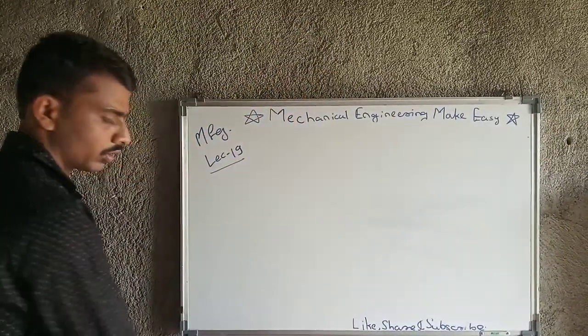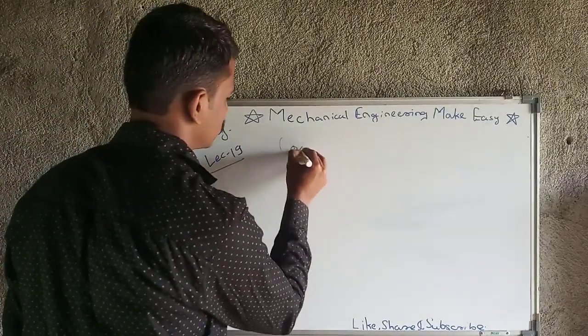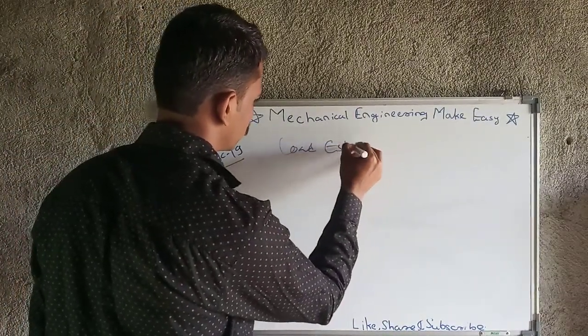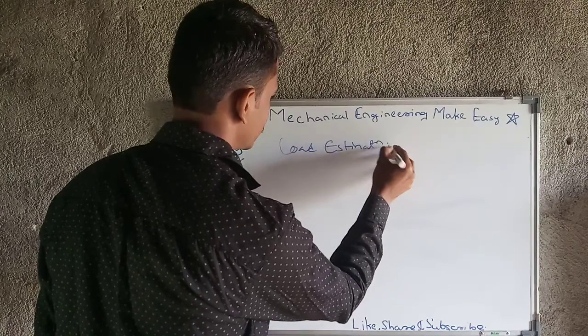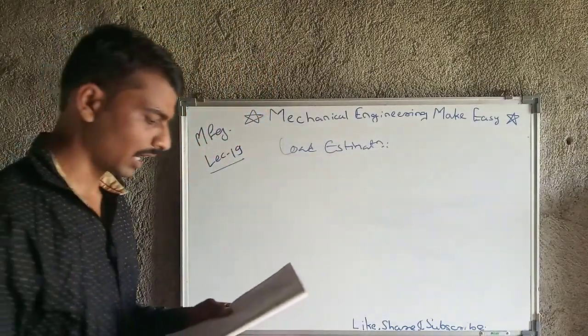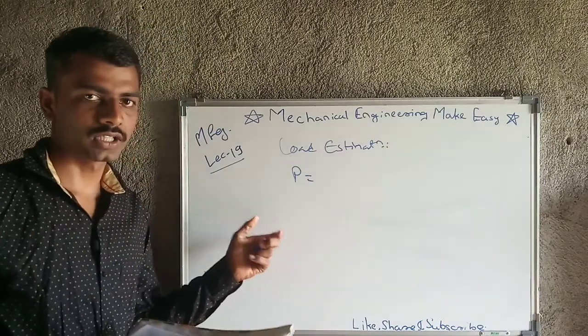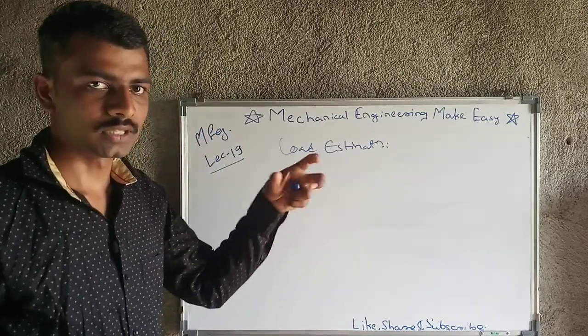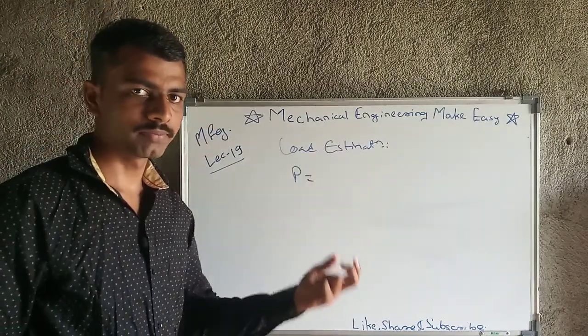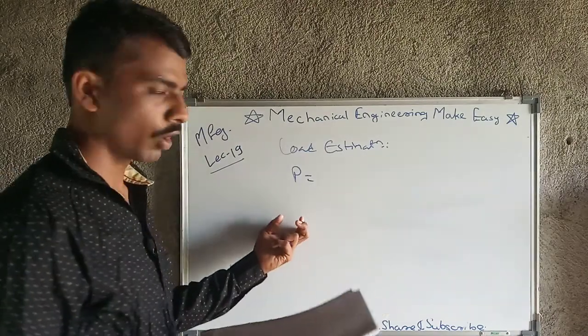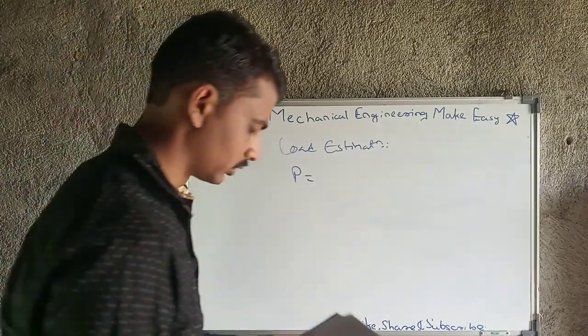So load estimation is very important in this case. That load is denoted by P, the amount of load we have to supply with the help of the punch to form that deep drawing process.